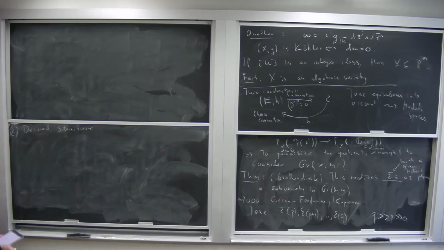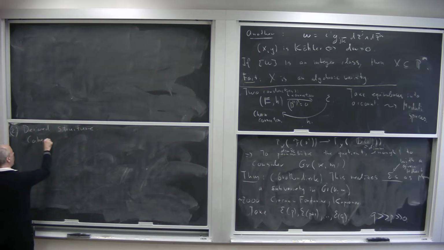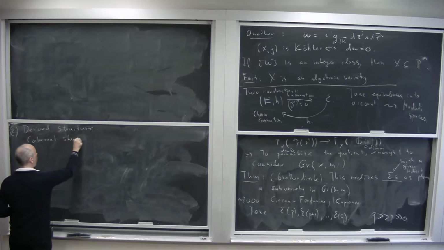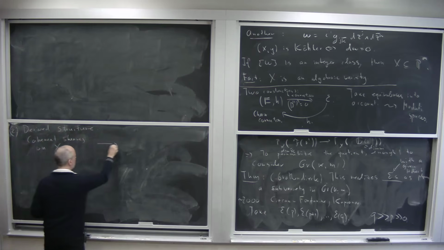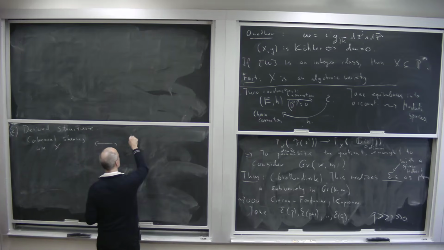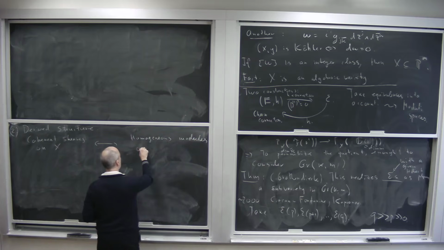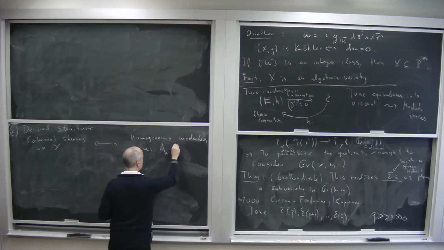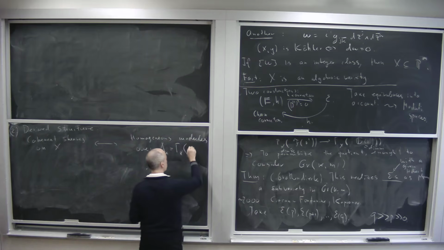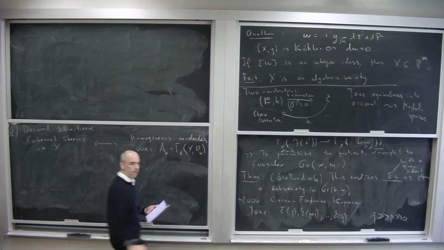So here, of course, we have this correspondence, which is not on the nose an equivalence, but leads to an equivalence between coherent sheaves on X and homogeneous modules over this A, which I remind is all possible sections of the structure sheaf.